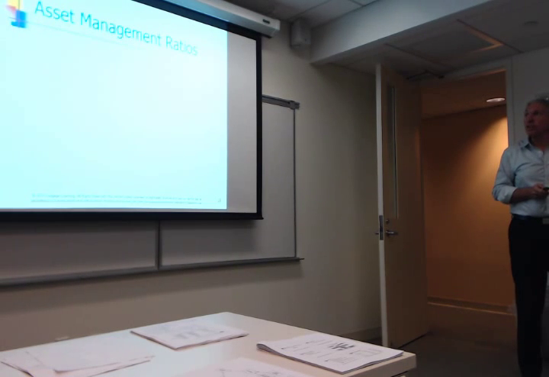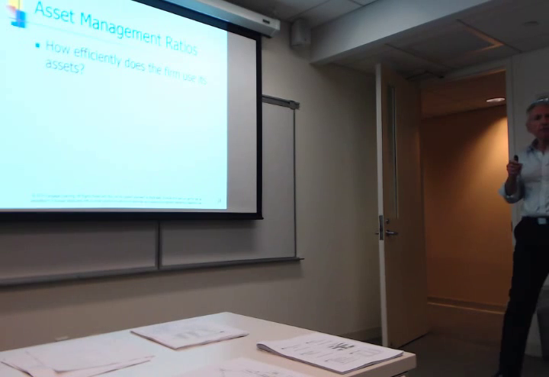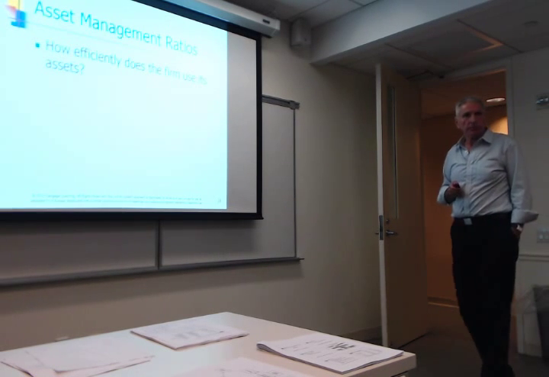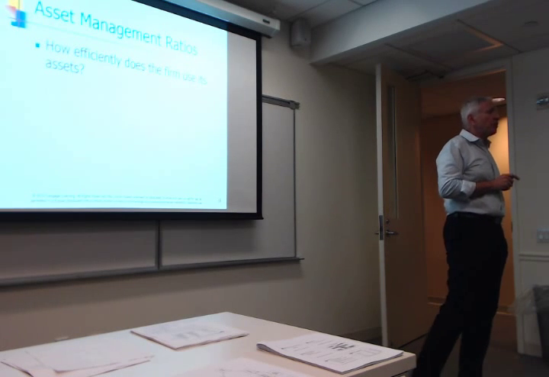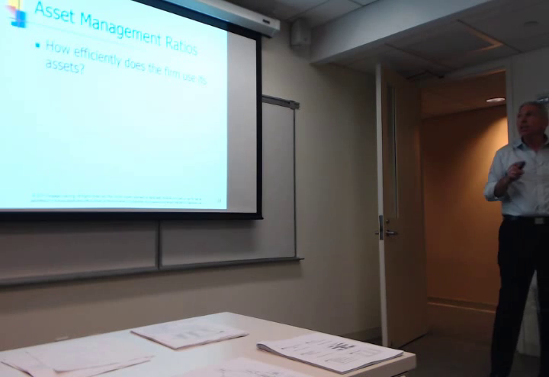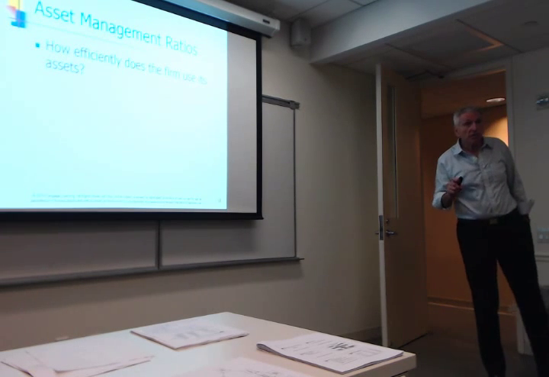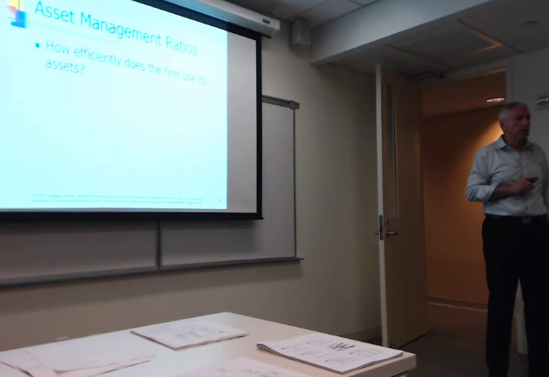All right, let's move on to what we call asset management ratios, which are ratios which will help us determine how efficiently a firm is using its assets. And by the way, what we're going to be doing here is a lot of ratios dealing with the balance sheet. You can also consider, for most companies, the other key asset they have is what?